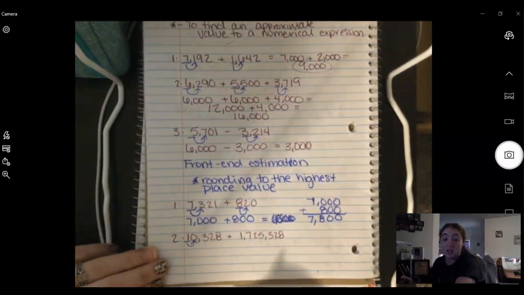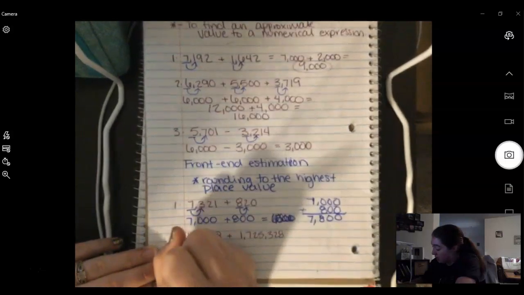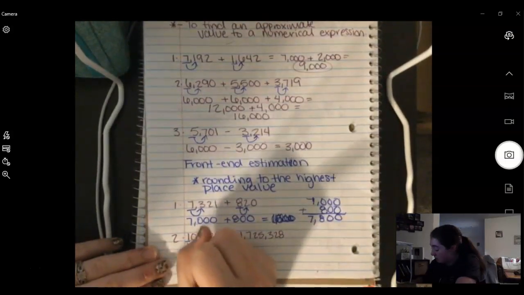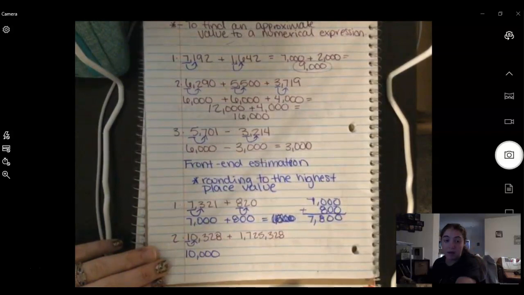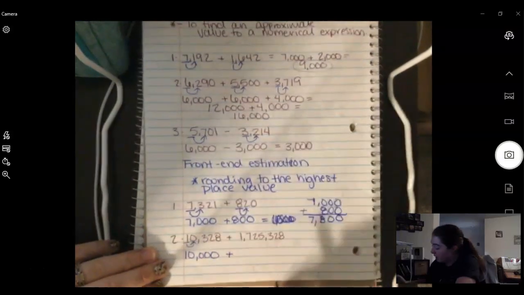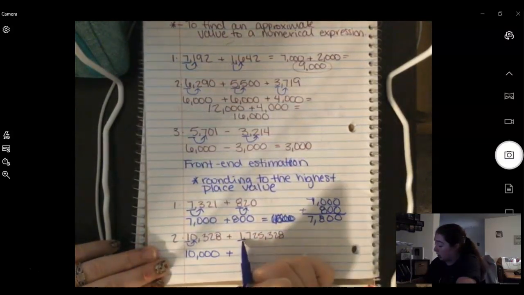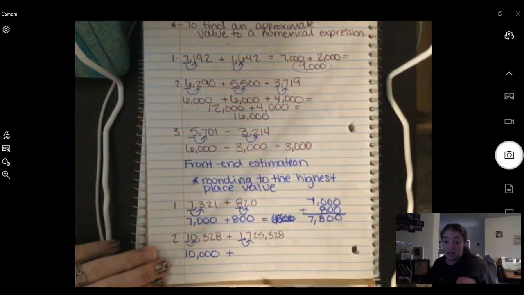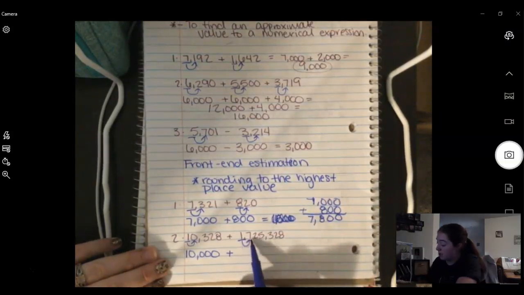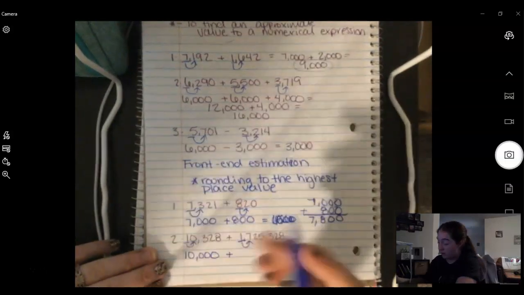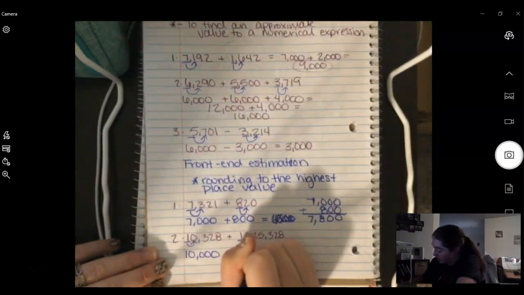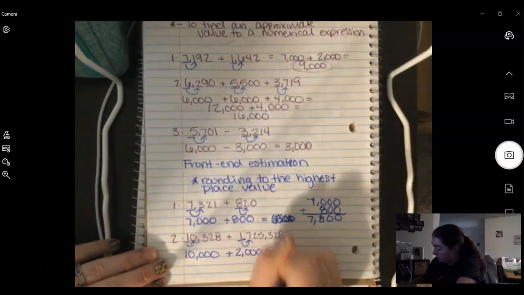The number next door to the right of it is a 0, so therefore it's going to tell that 1 to stay the same. So it's not rounding up, it's resting, so it rounds to 10,000. Here, our highest number is in the millions, so we're going to round to the millions because that's front-end estimation. So this 7 tells the 1 to go up, so it's going to round to 2 million.